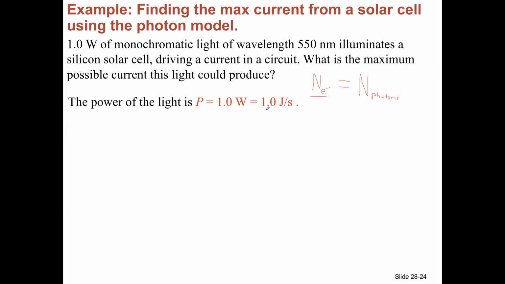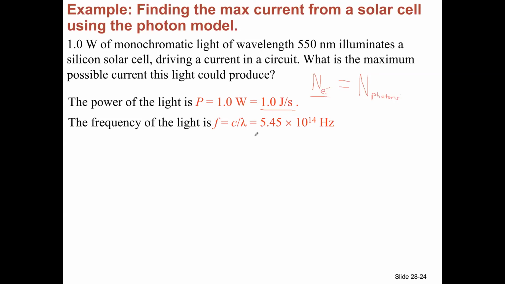So here, the power gives us energy per second. And from what we know from last class, we know how much energy there is in one photon. So we can combine these ideas to get the energy of one photon and then figure out how many photons we must have.